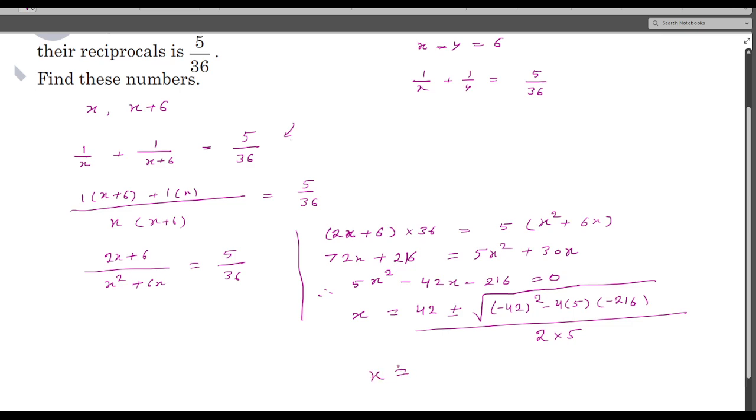So the value of x which we get, you can use your calculator.